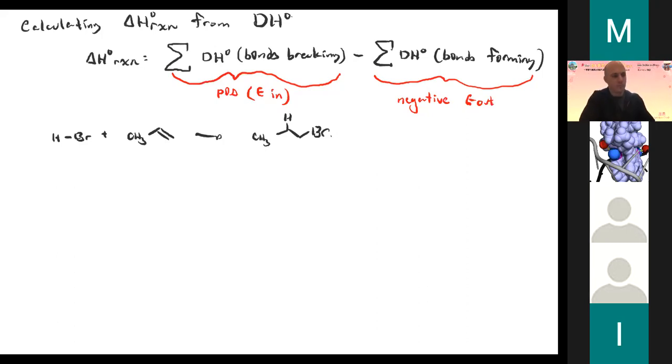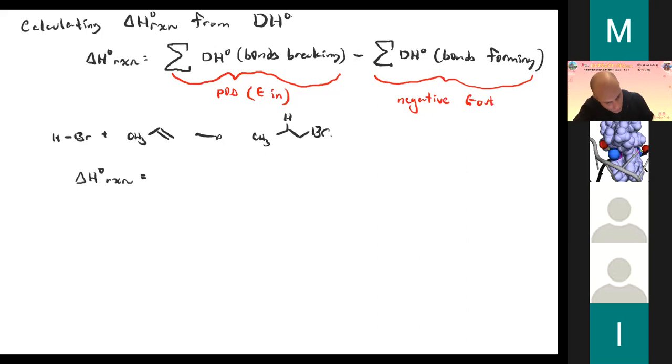We'll use the table that I gave you and the equation above. This is about my upper limit in mathematical skills, so I really don't like doing this type of stuff.